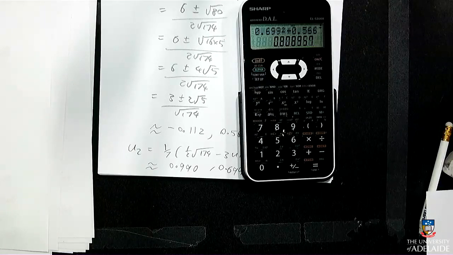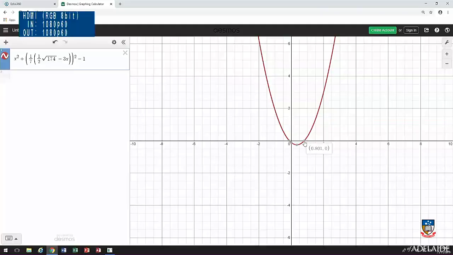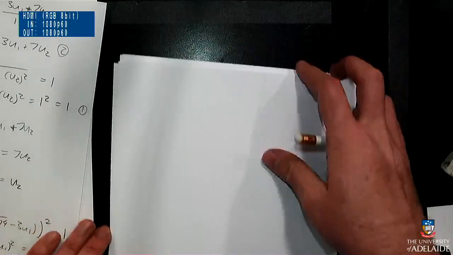Here over on my computer I put in my original equation and asked it to solve it for me. This one back here.